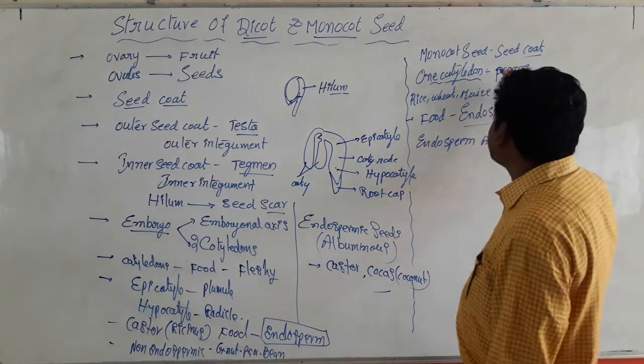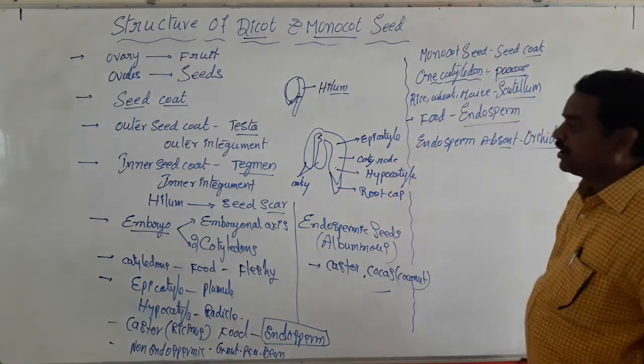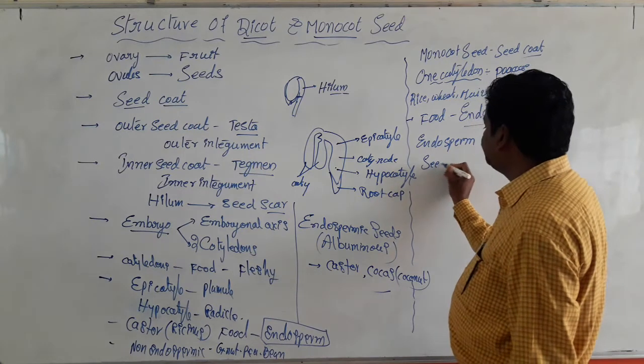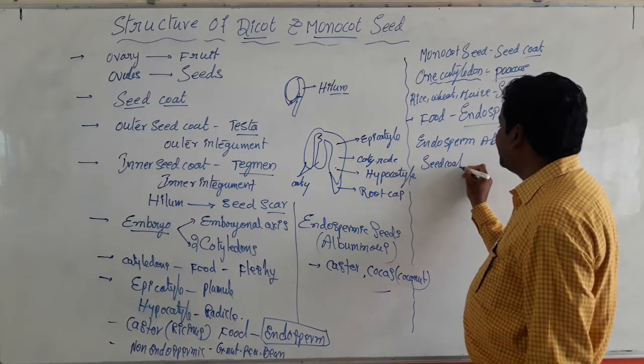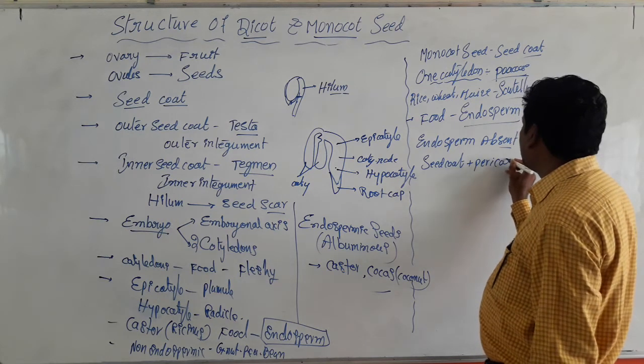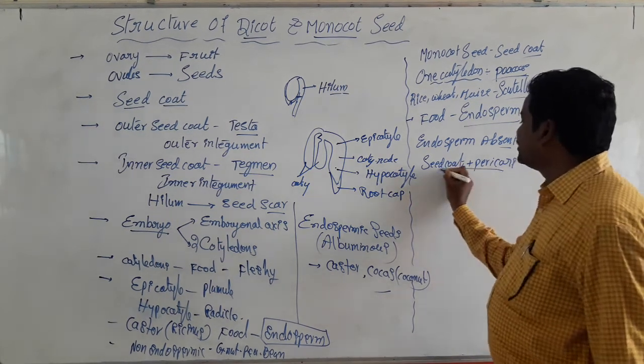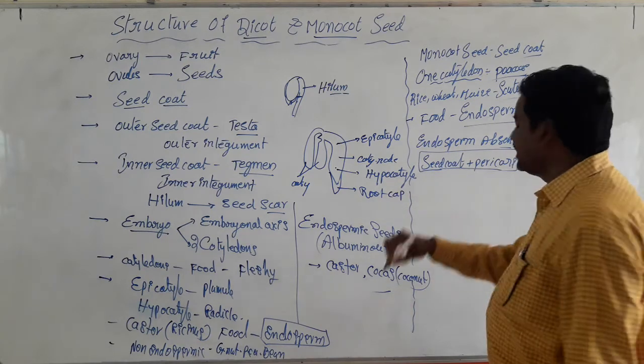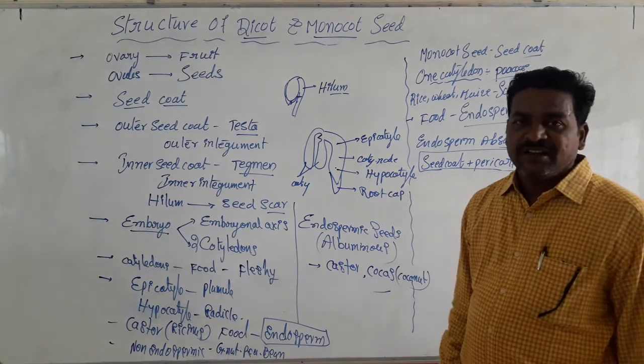Similarly, in Poaceae members, the seed coat and pericarp are completely fused.